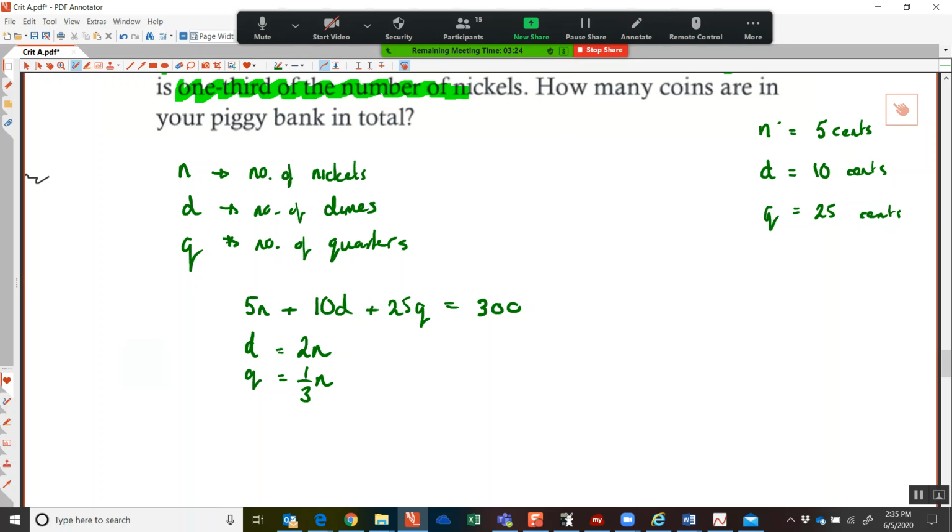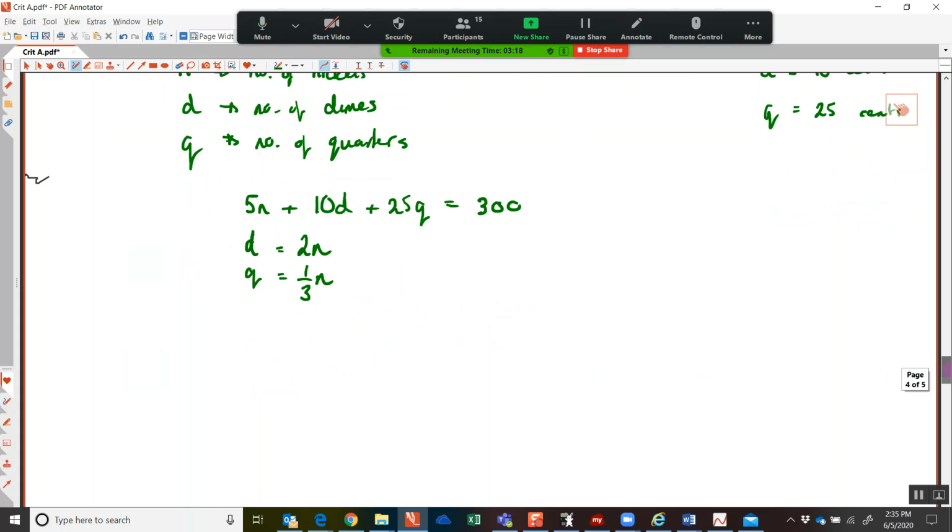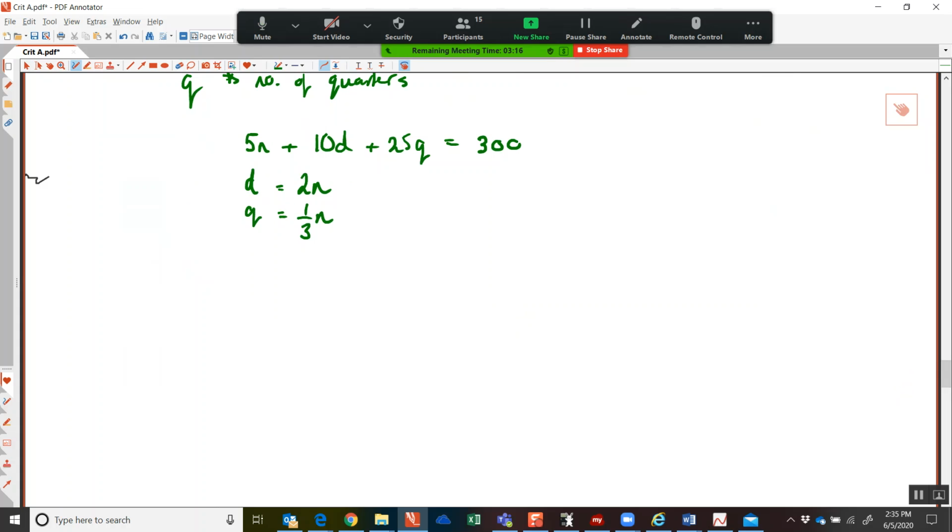All right, what do we do then? Well, what we got, go on. Sorry. You substitute the numbers in? Yes, you do. Because we've got everything in terms of n if we want. So I've got 5n plus 10 lots of d. So that's 2n plus 25 lots of 1/3 of n has to equal 300.